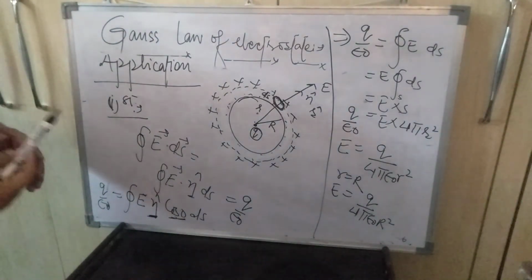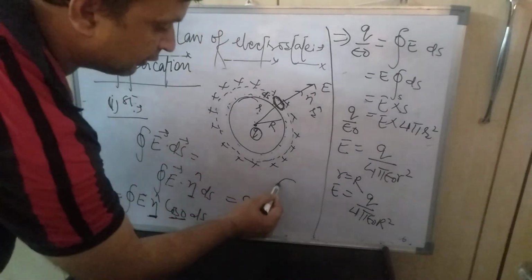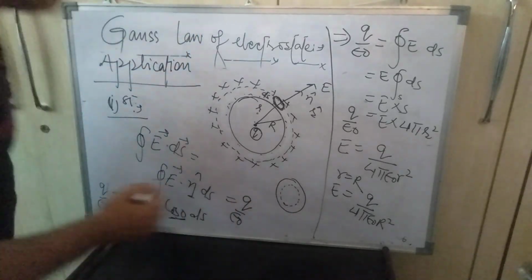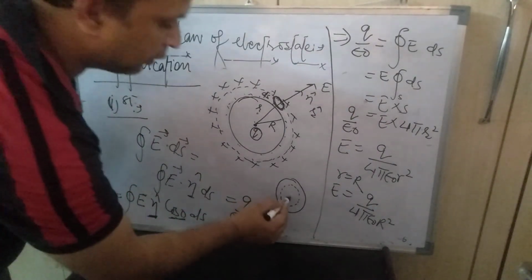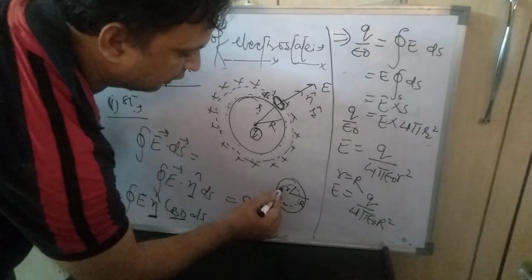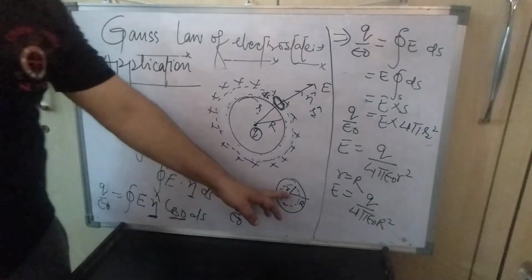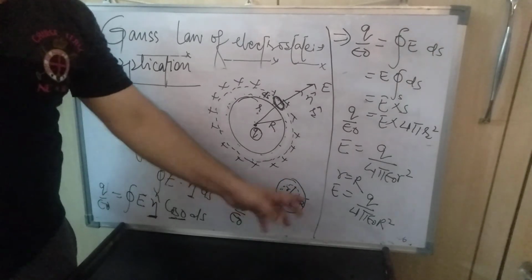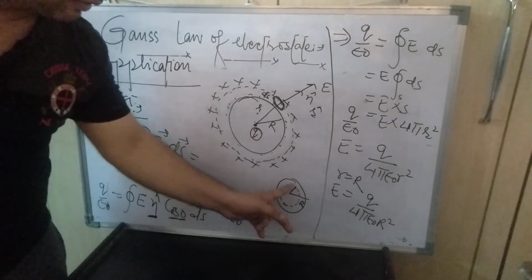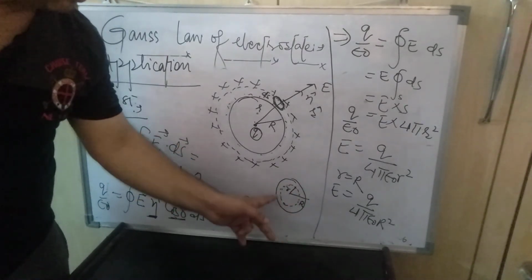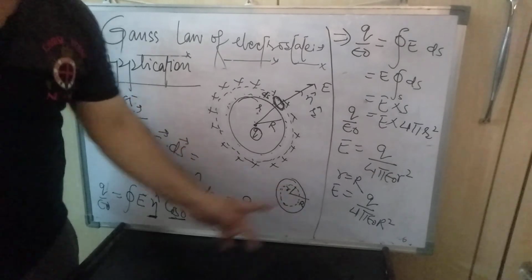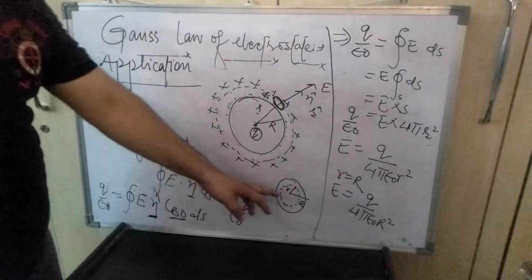Now, the other case we can consider: let us suppose here is the spherical shell, and inside of that we find the intensity, or the electric field. Let us suppose the shell radius is capital R and the small r is this one. At that region, we have to find the resultant intensity at that surface. This is your spherical shell, whose radius is capital R. Inside of that you can consider a Gaussian surface. Let's suppose at the small r radius we consider a Gaussian surface, and at this we have to find the intensity.